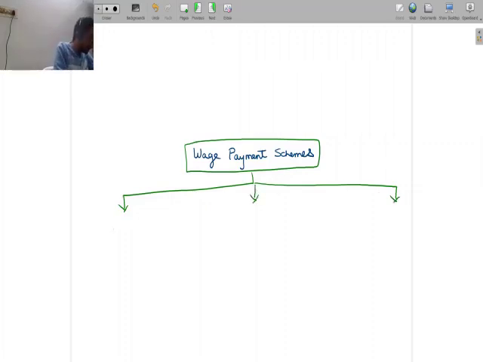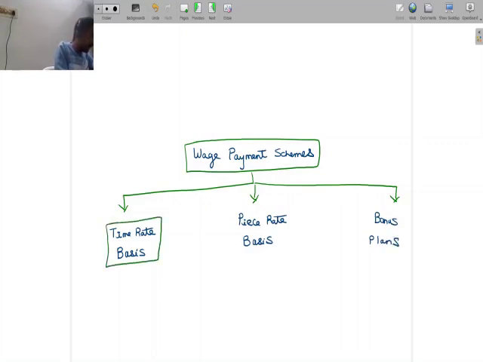First, I'm going to be talking about something called a time rate basis. Then there is something called a piece rate basis. And then we have bonus plans.